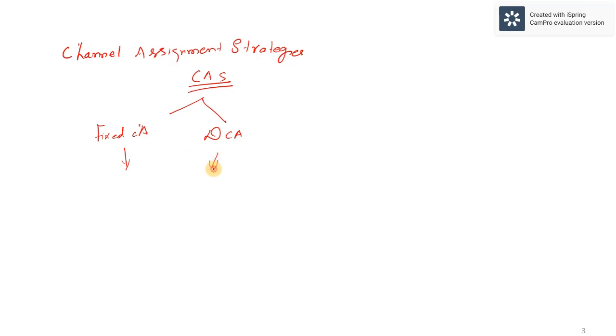Here, with fixed assignment, dedicated channels will be given permanently, whereas in dynamic assignment, based on the request it will be allocated, and hence the likelihood of blocking is reduced, which in turn leads to an increase in capacity.